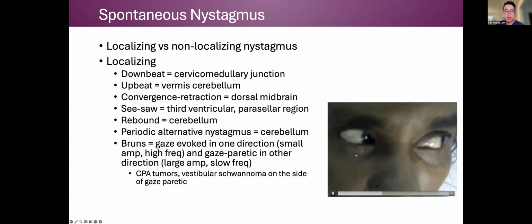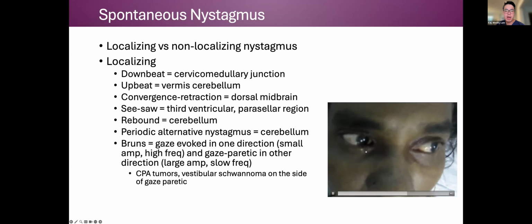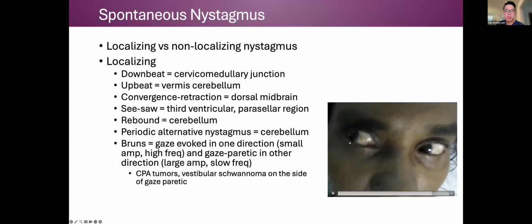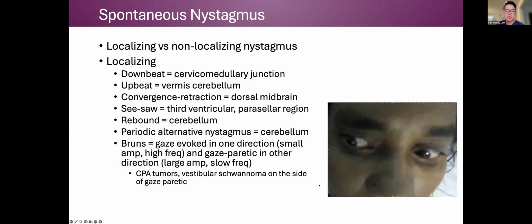You can see this patient here who has increased high frequency, small amplitude when they're looking to the left, and then when they're looking to the right, it's a large amplitude and slower frequency. This occurs when there are CPA tumors, especially vestibular schwannomas, and it's on the gaze paretic side. So in this case, the right side here.